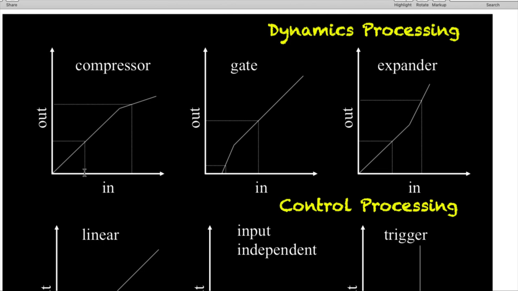Let's say this is your input value. Then you push upwards from that point until you reach the graph. And from there, you turn left and you go horizontally to the left. And where you end up, this is going to be the actual output value. So it's useful getting this figured out.